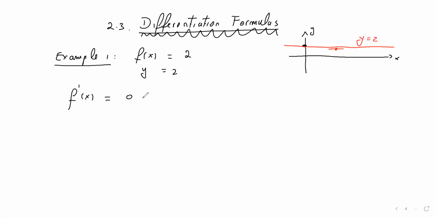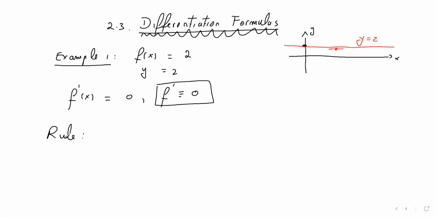In some cases, people don't even like to write x because it obviously doesn't depend on x. So they would just say f prime and they would identify that, with the triple equal sign, with 0. So the bottom line is, and this is the first and maybe one of the most important rules here.